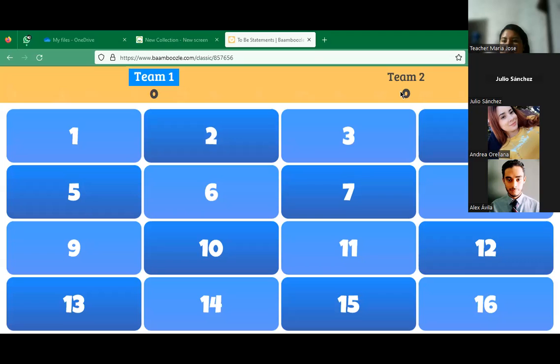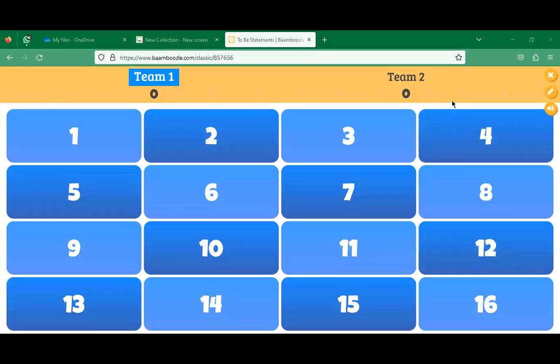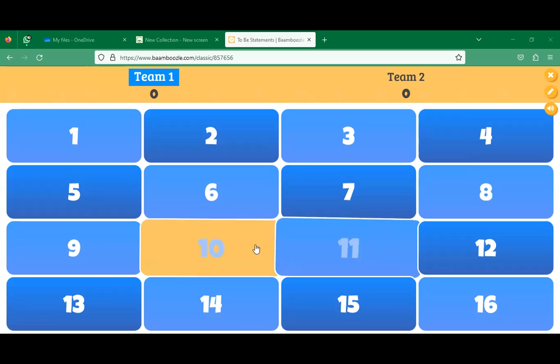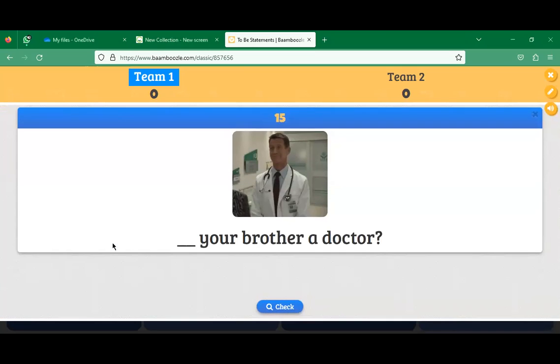Okay, can you see my screen? Yes. Awesome. Okay, so let's select one number now. Number 9. All right, so what do you think is the correct form of the verb to be that I can use here?